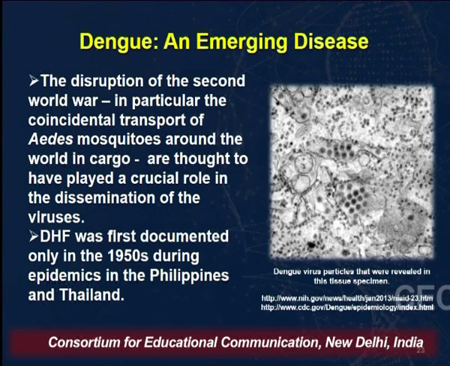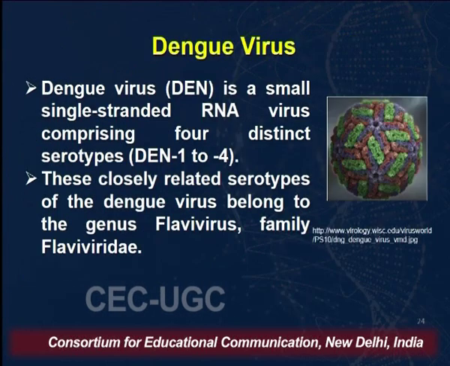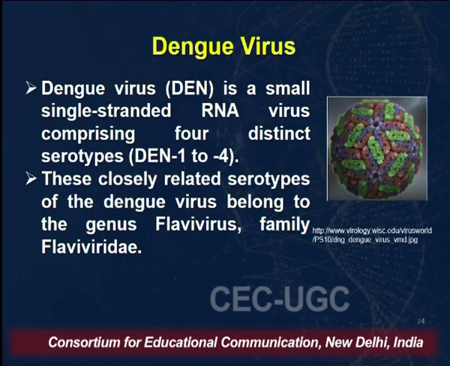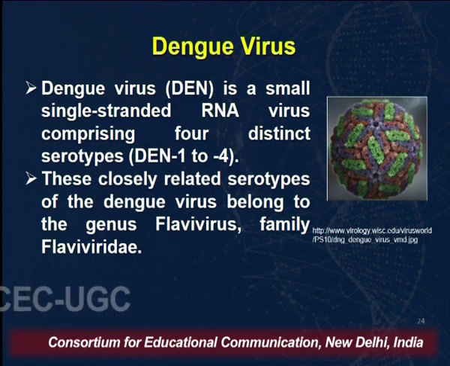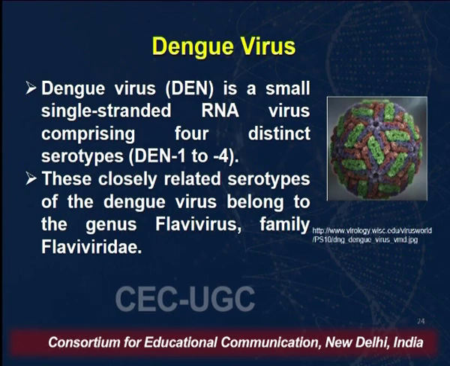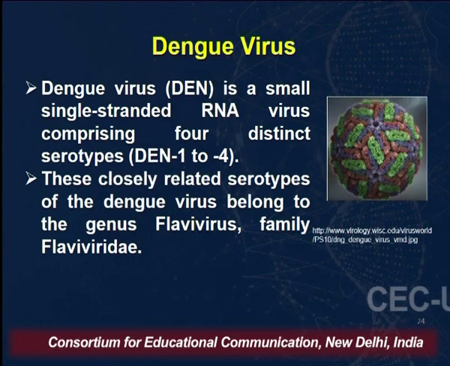Now, dengue hemorrhagic fever, which is the severe case of dengue, was first documented only in the 1950s during the epidemic in the Philippines and Thailand area. Subsequently, the dengue virus structure was deciphered, and it was found to be a small single-stranded RNA virus comprising 4 distinct serotypes, DENV1, 2, 3, 4.